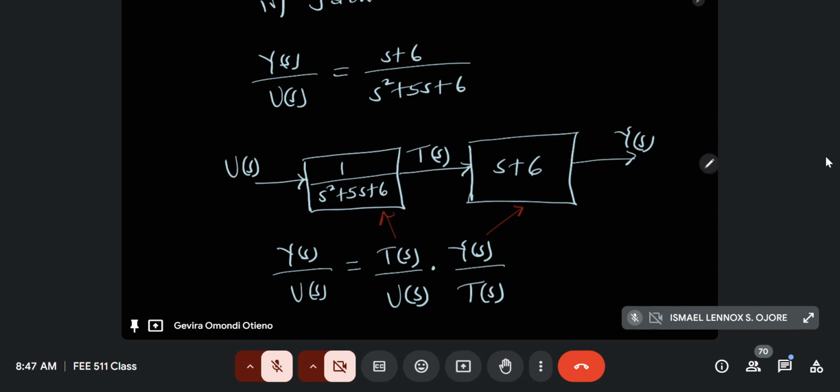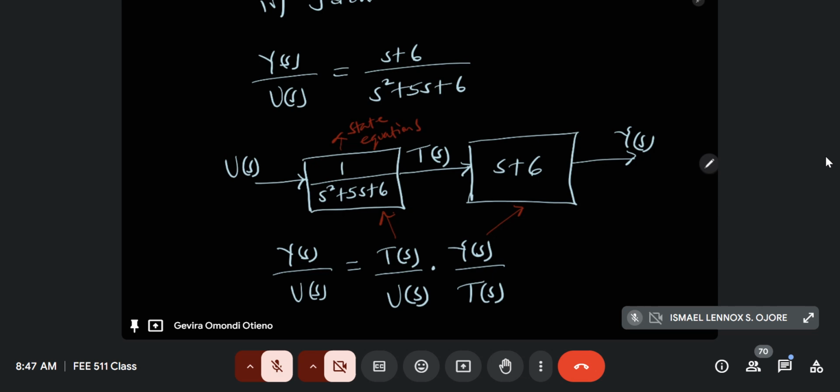Nothing changes, okay? So now, again, remember the idea was we are converting this to state space representation. So we start with the first block. Remember we said that for cases where you have a complex term in the numerator, then you cascade the system like this. This first block is used to give you the state equations.